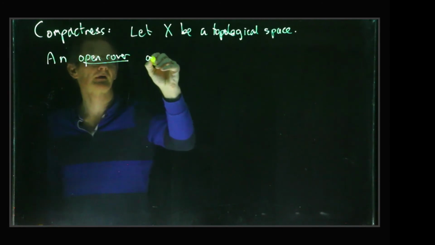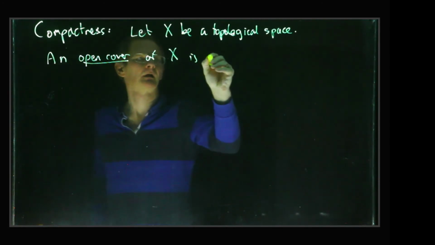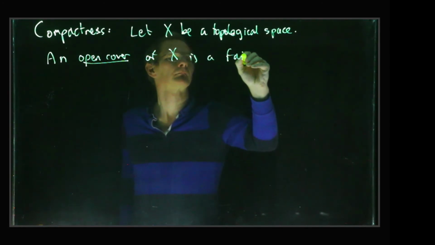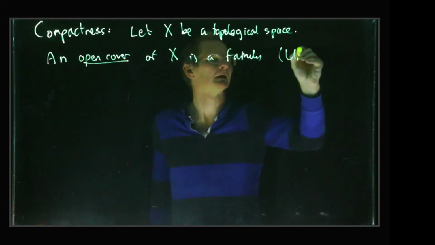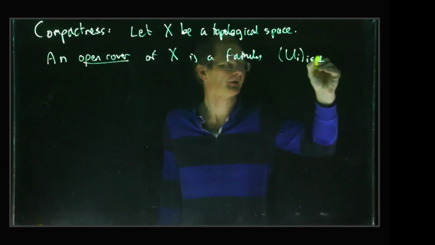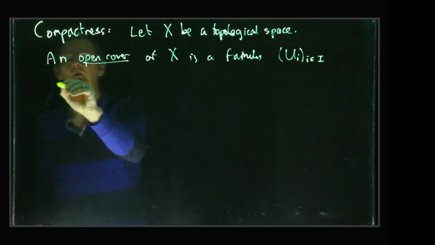An open cover of X is a family, say U_i, for i in some index set capital I, of open sets.